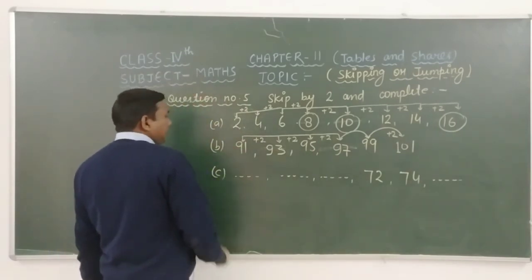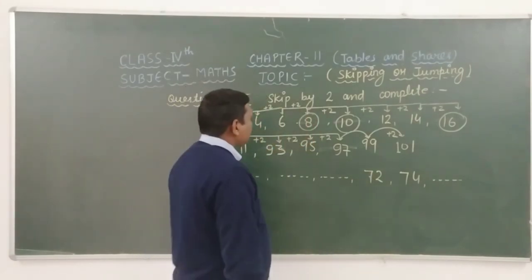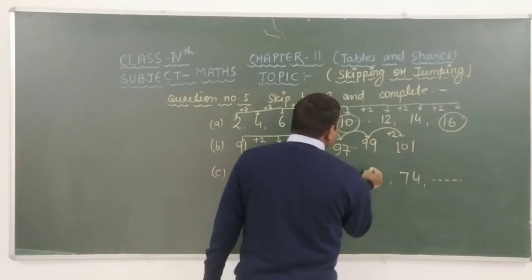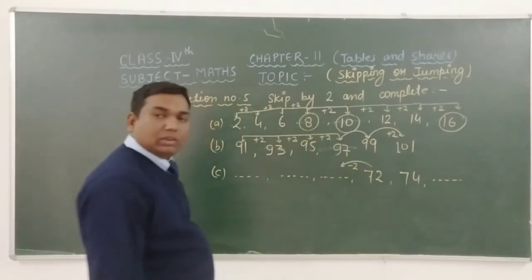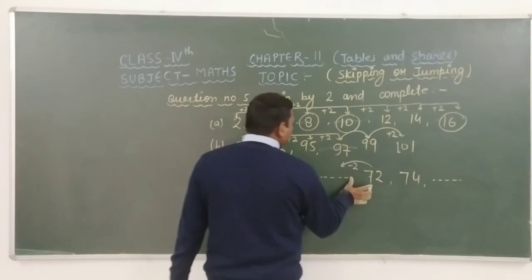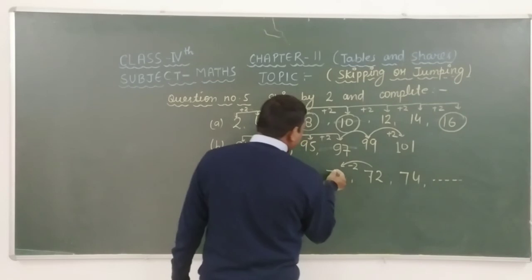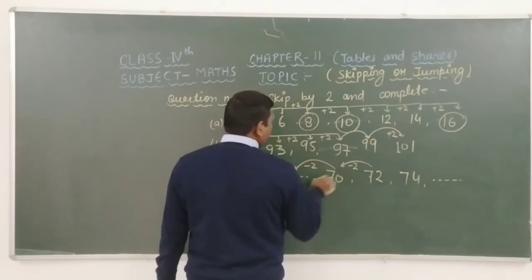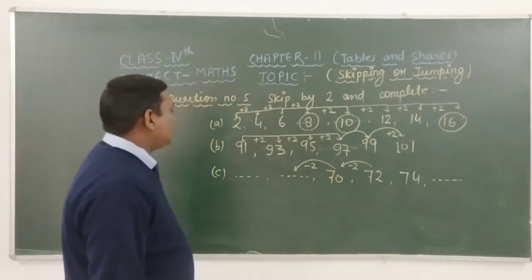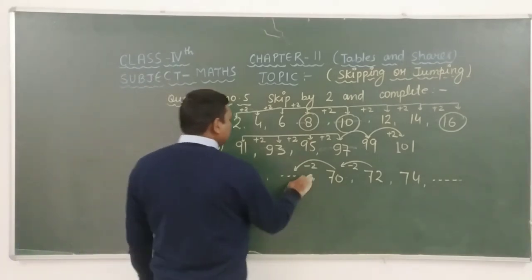Okay students, look here carefully. Here it is given 72. If we subtract 2 from 72, we get 70. If we subtract 2 from 70, we get 68.